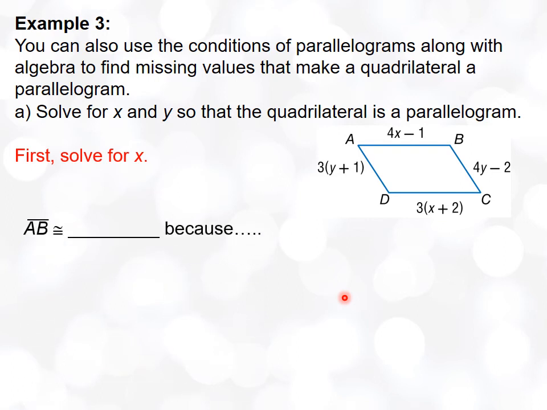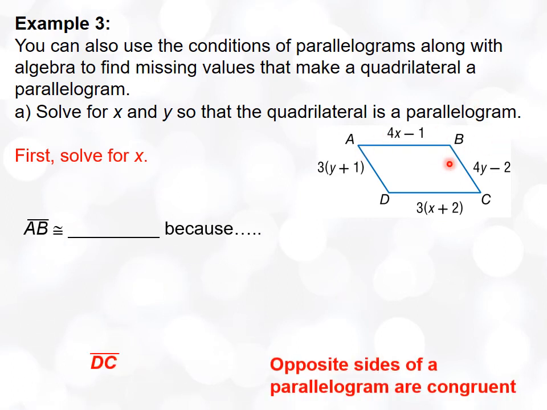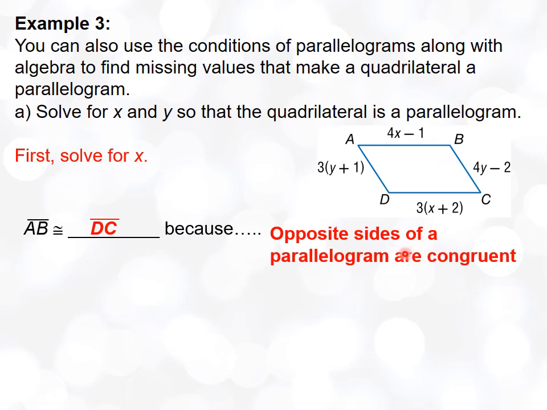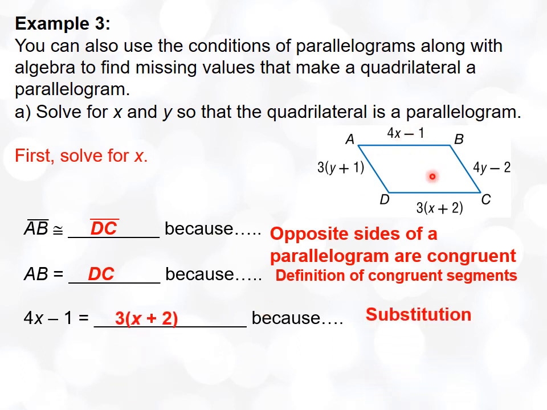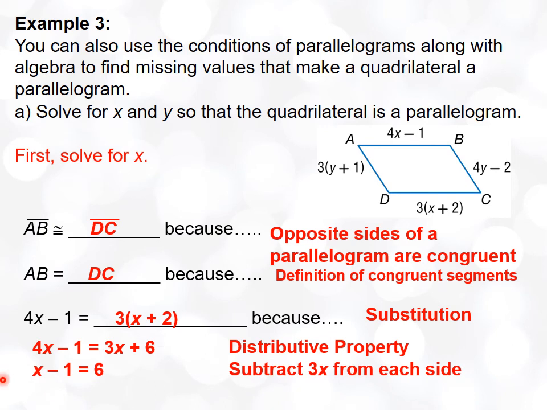We know segment AB is congruent to segment DC. We know opposite sides of a parallelogram are congruent. And AB congruent to DC, definition of congruent segments. So we can say 4x minus 1 equals 3 times x plus 2. After distribution, this will be 3x plus 6. Finally, we can get x equals 7.